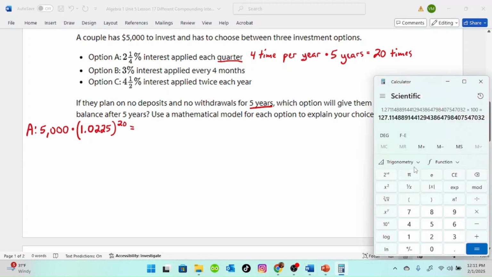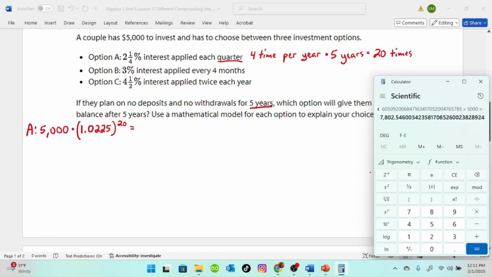Now we can put this into a calculator, and we have 1.0225 to the power of 20, and then we multiply that by the original amount of $5,000.